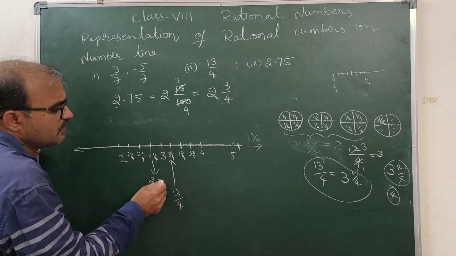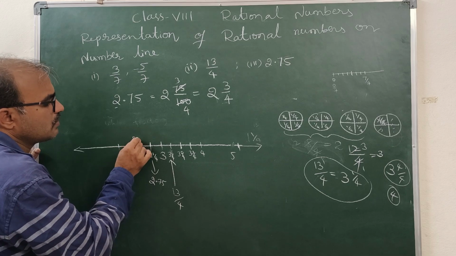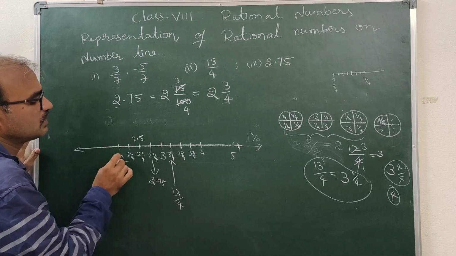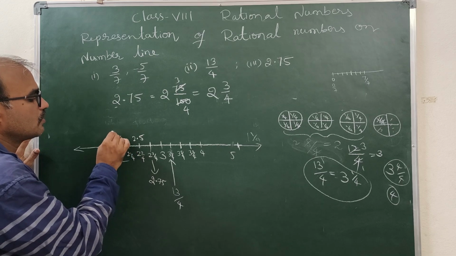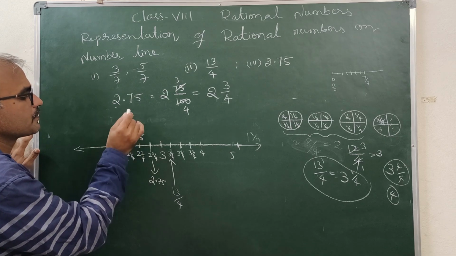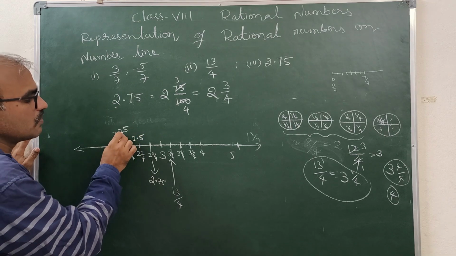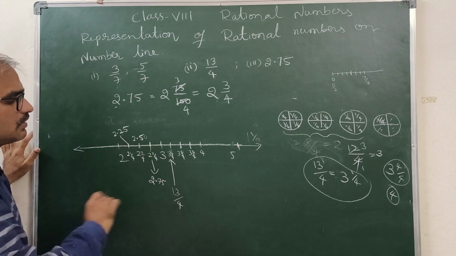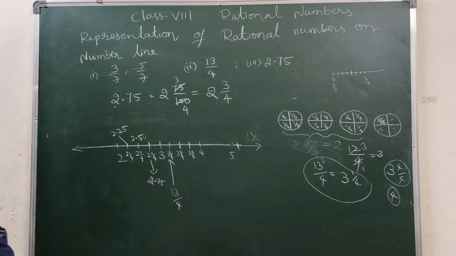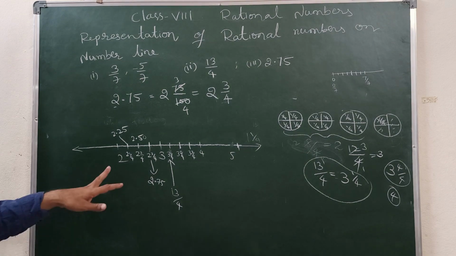This will be 2.5, half, middle. This will be 2.25. It is 25, 50 parts, 75 parts, 100 parts, right?